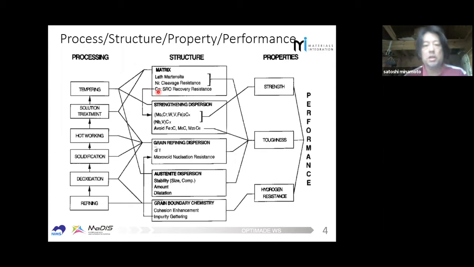However, the structure is information uniquely derived from some thermodynamic calculation or kinetics calculation or something like that. And property is derived from the structure information, as a result of some kind of operator working on the structure information. So that is the properties.